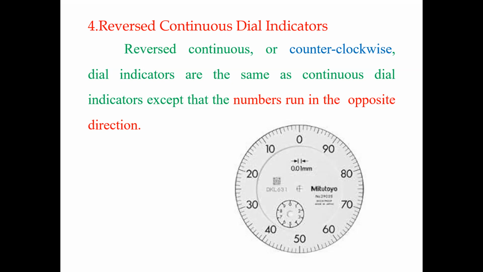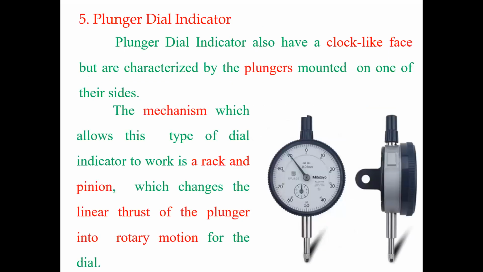Coming to the plunger dial indicator. In the beginning, we discussed all about the plunger type dial indicator and its working mechanism. Here there exists a plunger, which is in turn connected with the pointer by a rack and pinion mechanism.